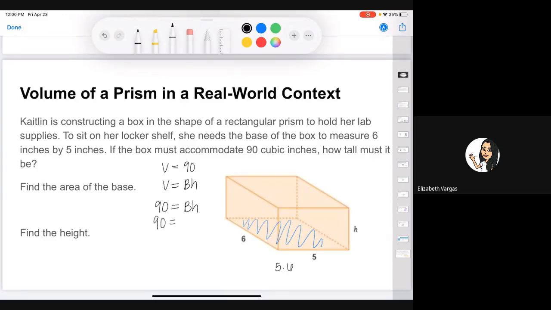My base is equal to 30. And now that will help me identify my height. So I just divide by 30 on both sides. So my height is equal to 3. So I can work backwards to identify my height if I'm given my volume and I'm given information about my base. So that's what I'm basically doing here.